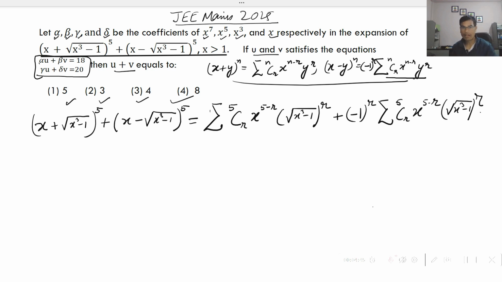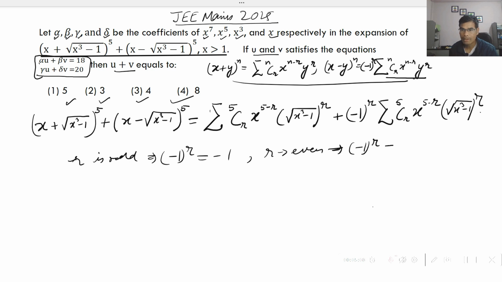Now if r is odd, minus 1 whole thing to the power r is equal to minus 1. If r is even, minus 1 to the power r is 1.